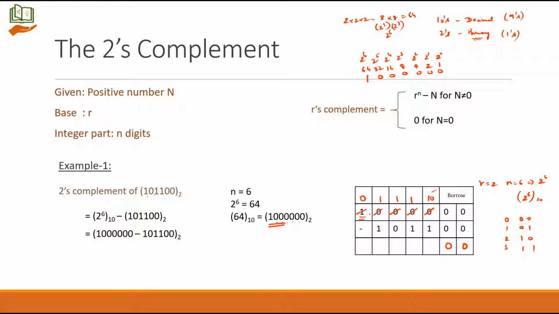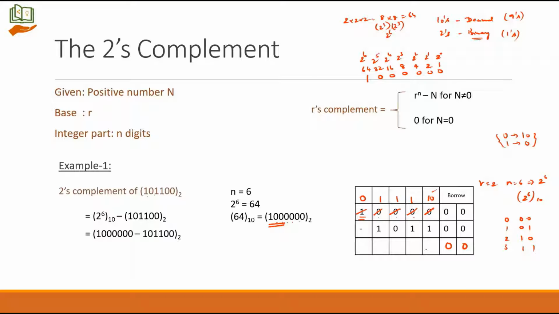You have to change the preceding 1 to 0. But you don't have any ones in between. You have 3 zeros in between. So every zero will be converted to 1. The preceding 1 will turn to 0. So as per rule, when you get 0 to 10, the preceding 1 should change to 0. This is the rule. But what about the in-between zeros? Everything will be converted to 1.